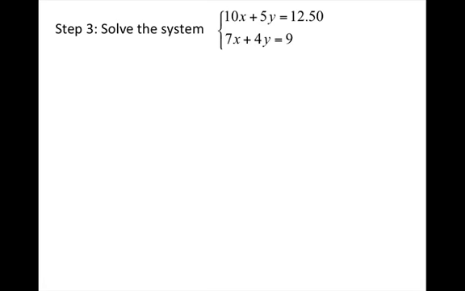That will give me my opposite signs. So if I multiply the first equation by a -4, I get -40x minus 20y equals -50. If I multiply the second equation by a +5, I get 35x plus 20y equals 45.